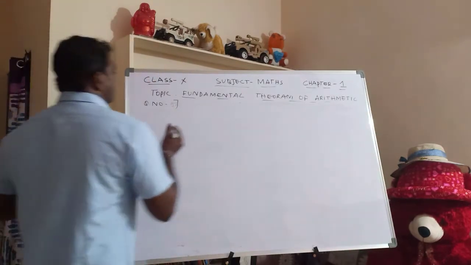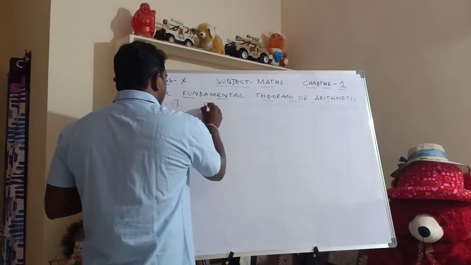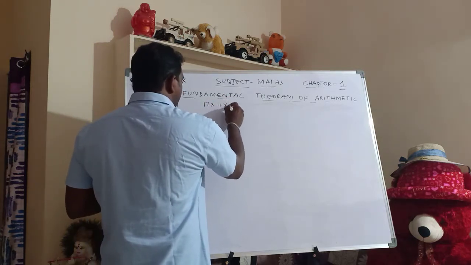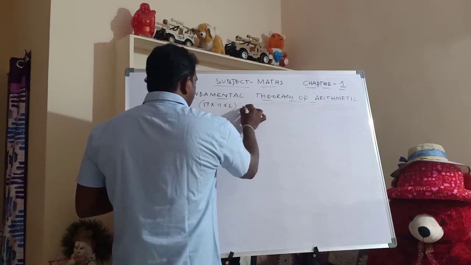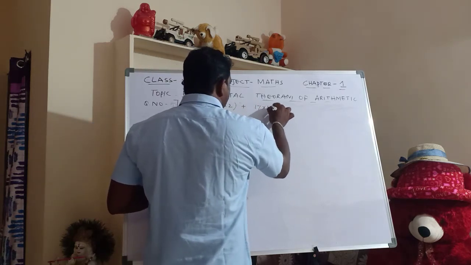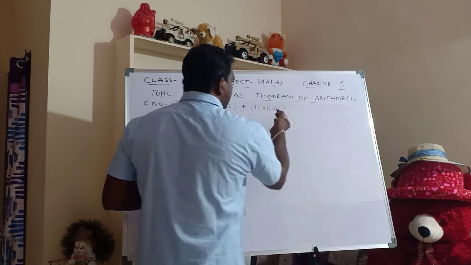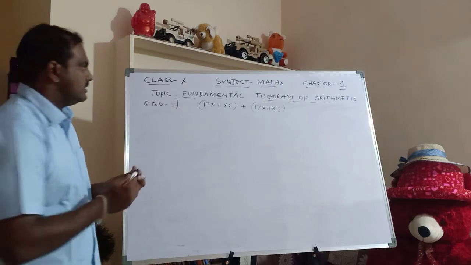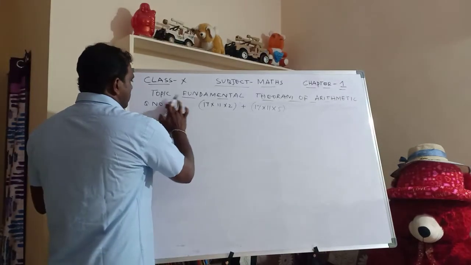Explain. So what is the question? 17 into 11 into 2 plus 17 into 11 into 5 is a composite number. This is very simple when compared to the previous question. The same.